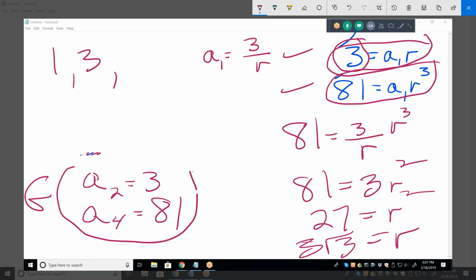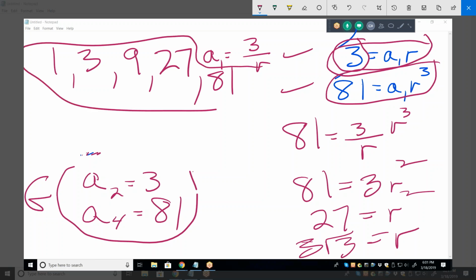In other words, I made the sequence really hard. No, I did not do it correctly. I didn't even multiply it in my head correctly. That was the sequence I was intending, but I gave you the wrong a sub 4. a sub 4 is 27.